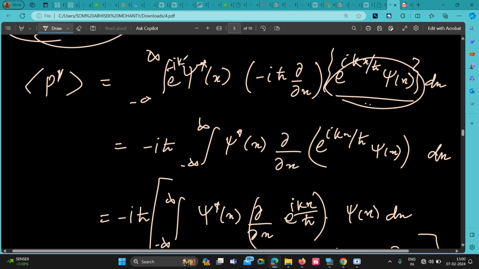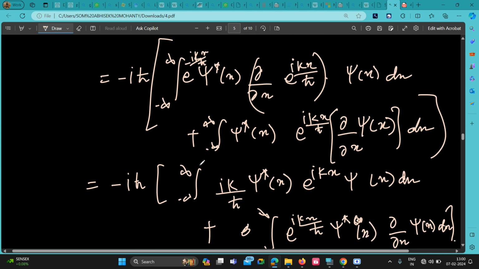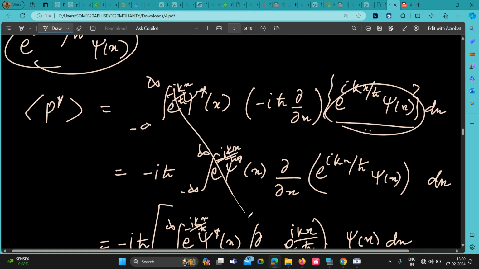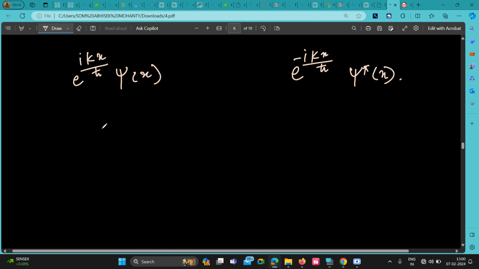The new wave function is e to the power i k x by h cut psi x, so the psi star part will be e to the minus i k x by h cut, the conjugate of it. I just wrote psi star x only, so that was the mistake. Okay, let me do it again.